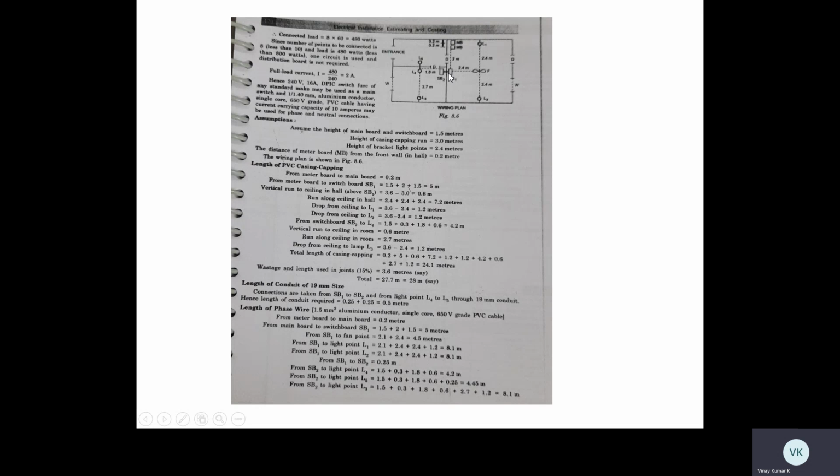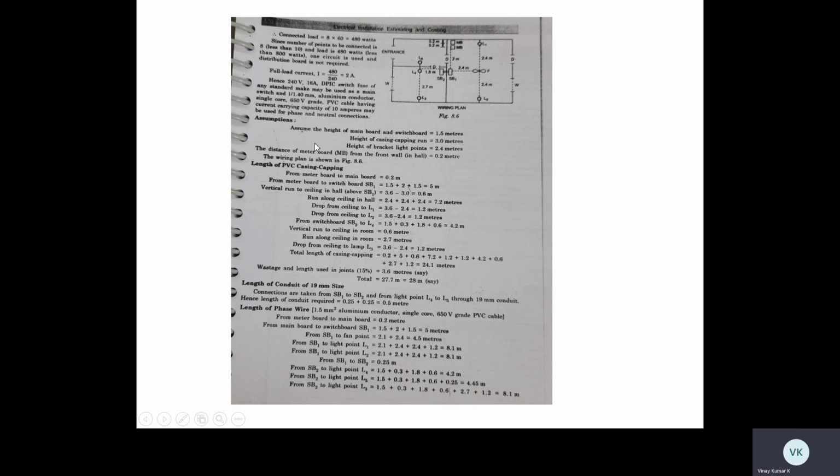If you clearly observe the wiring at your home, then this estimation subject is very easy. The switchboard is placed in between the walls to minimize the length of the wire, from the distribution board to main board to switchboard to fans and lamps. Similarly here, from switchboard to different lamps.